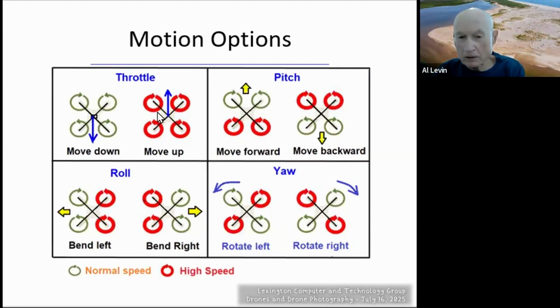If all 4 propellers are operating at high speed, the drone will move up. If the rear propellers are operating at high speed, the drone will move forward. Conversely, if the forward propellers are moving at high speed, the drone will move backwards, etc. So just varying the speed of rotation of each of the propellers determines the direction of motion of the drone.